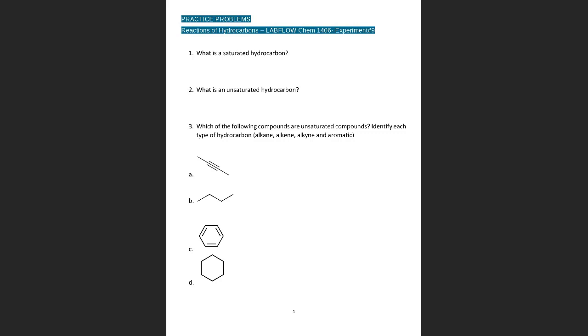We went over this, we said that hydrocarbons are organic compounds that contain only carbon and hydrogen.